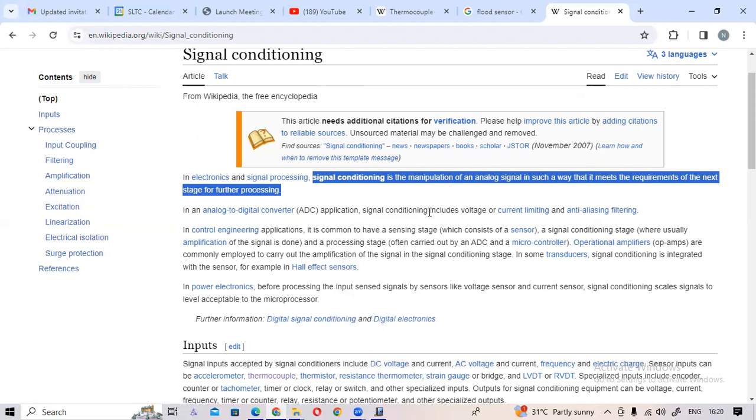So maybe you need to limit the current or voltage by applying a resistor or something. And also maybe we have to do some filtering also. So those kinds of signal conditioning methods are used.